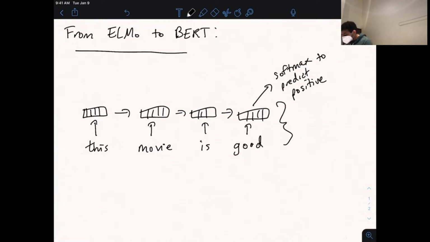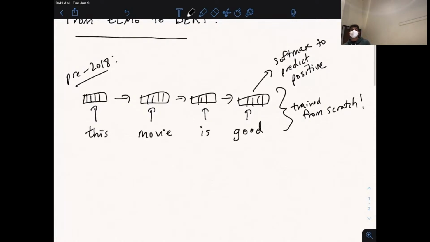And everything trained from scratch. So this was, again, the pre-2018-ish approach. And we talked about some of the limitations of this, where you have a neural network that's trained from scratch on labeled sentiment data. Can someone tell me what are some limitations of this approach?